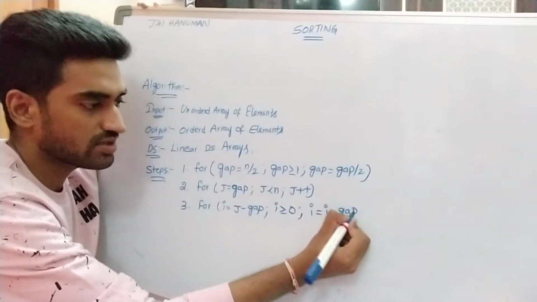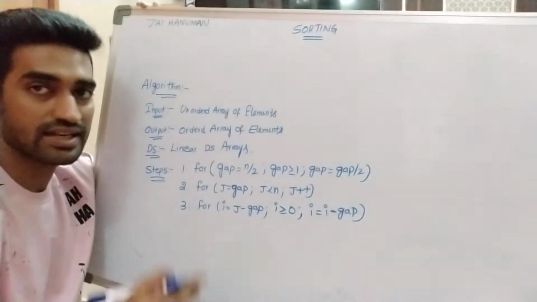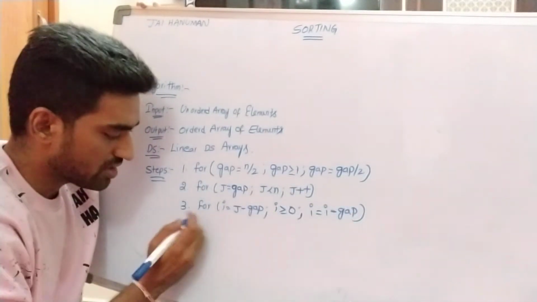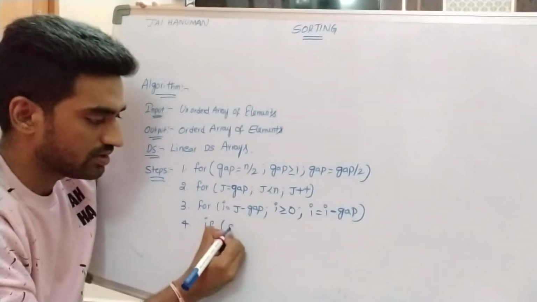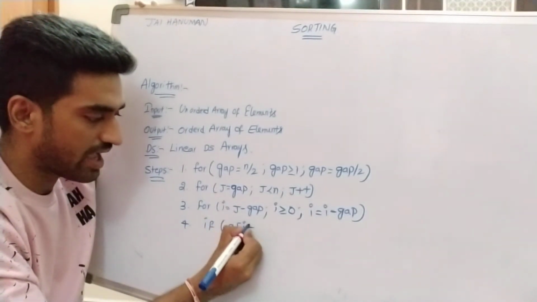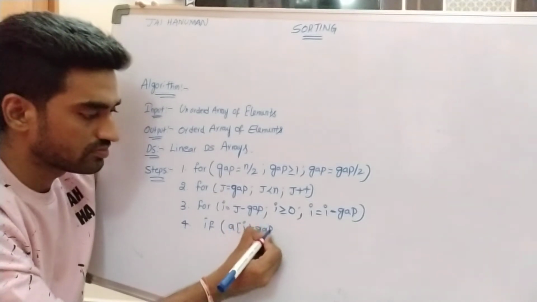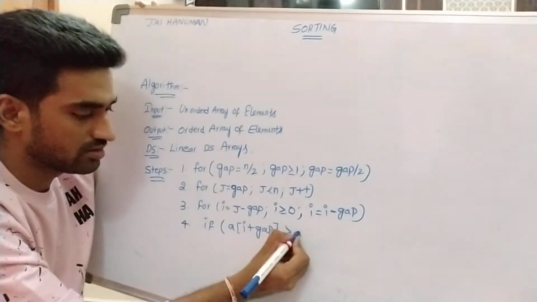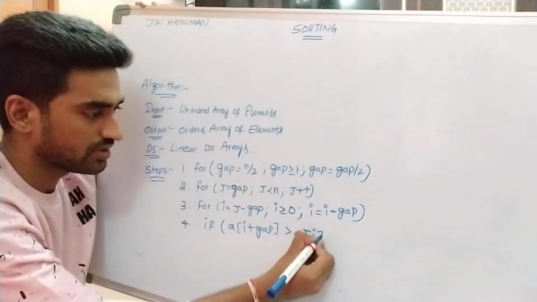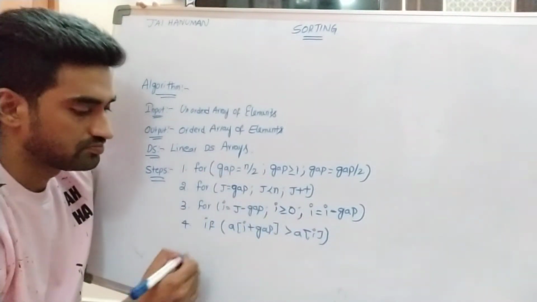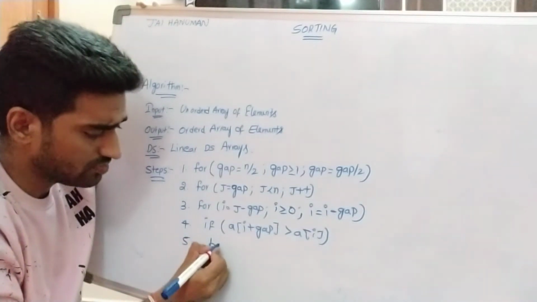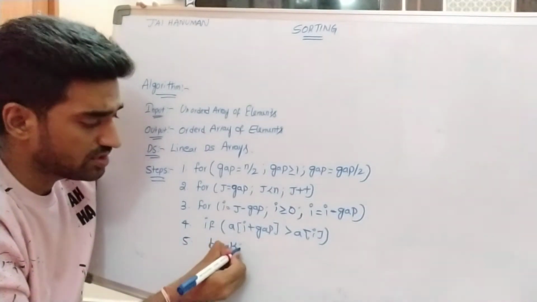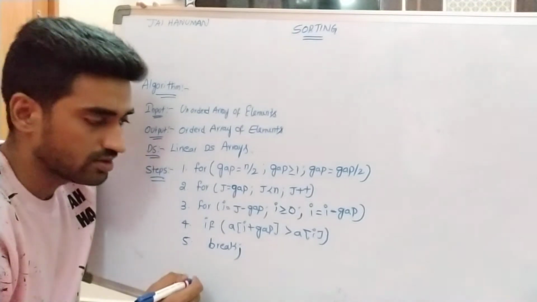Then i is equal to i minus gap. For the next iteration, what is the i value? i is equal to i minus gap. Once this condition becomes true, we check one more condition, that is if y of i plus gap greater than y of i. Once this condition becomes true, we can break the loop.